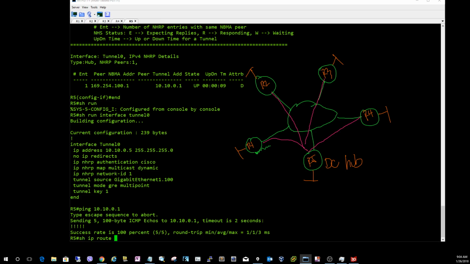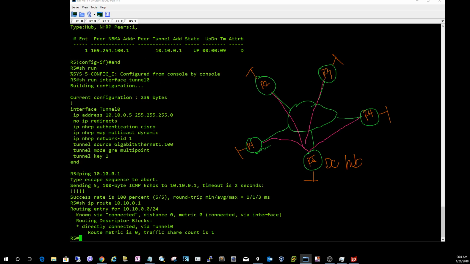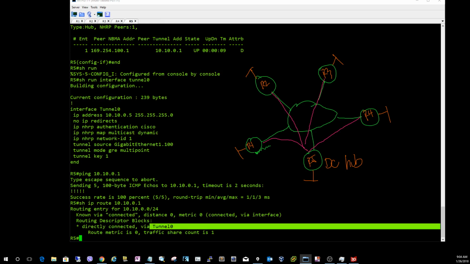If you do show IP route to the 10.10.0.1, it's going to tell us that we are directly connected to it via tunnel 0.